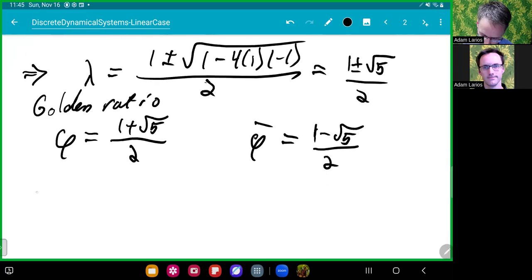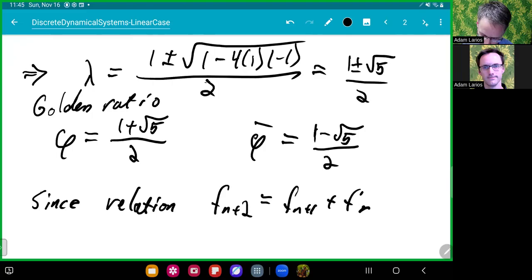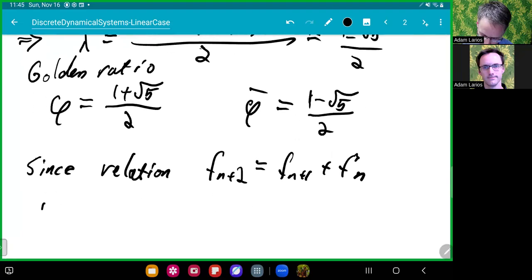And then we would guess that, notice that since the recurrence relation, Fn plus 2 is equal to Fn plus 1 plus Fn, this thing is linear. That is, the unknowns are just added together. We could consider a more general case where maybe they have some scalar multiples, something like this.